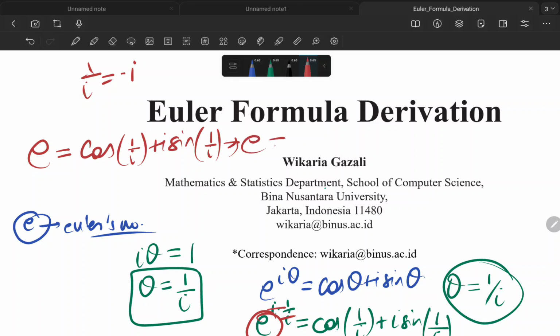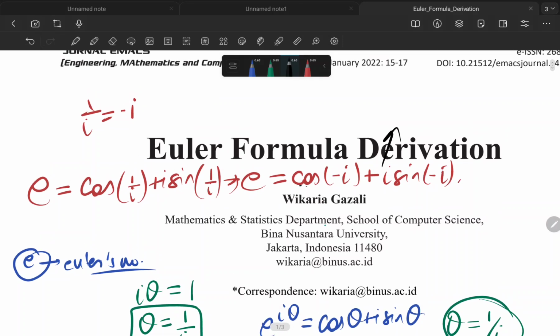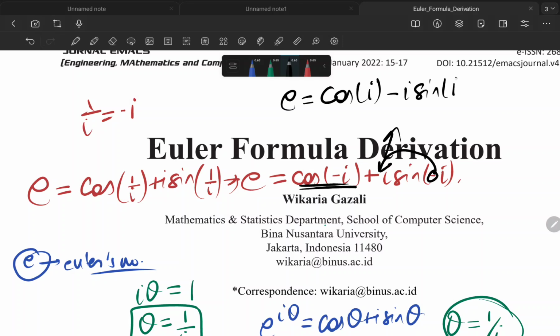So e becomes cosine of negative i plus i times sine of negative i. More precisely, cosine of a negative argument is just cosine, so that becomes cosine of i. And if there is a negative argument inside sine, the negative comes out of the sine function, so it becomes e equals cosine of i minus i times sine of i.